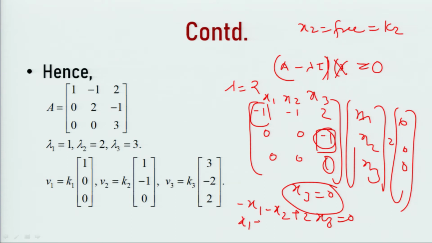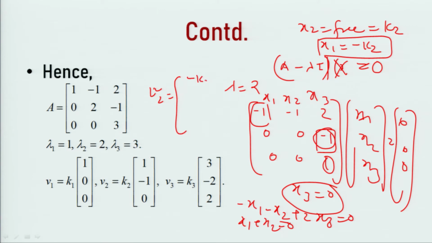So, x1 plus x2 equal to 0, which gives x1 equal to minus k2. So, we can take the eigenvector v2 equal to: x1 is minus k2, x2 is k2, and the third one x3 is 0.